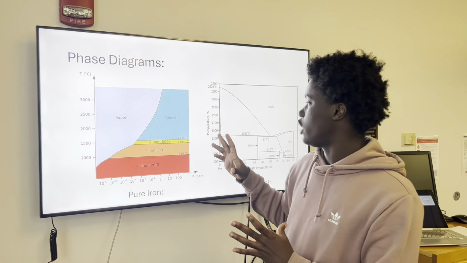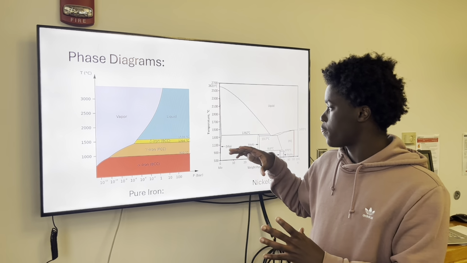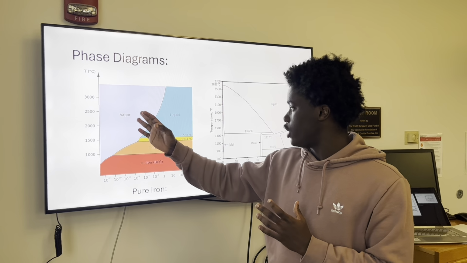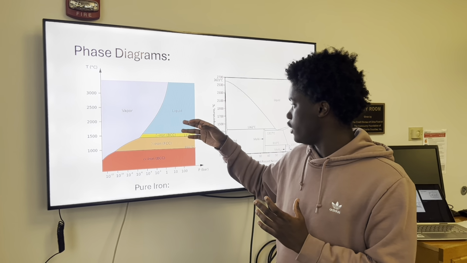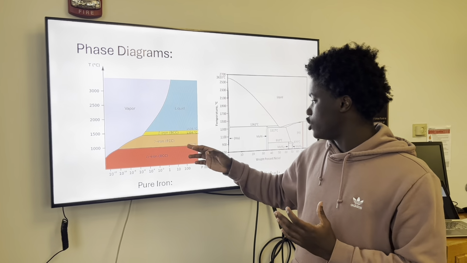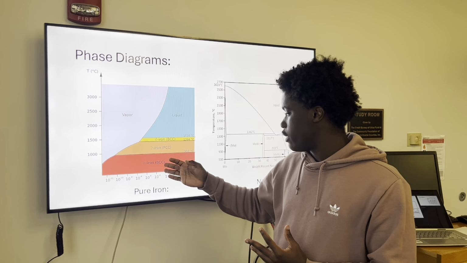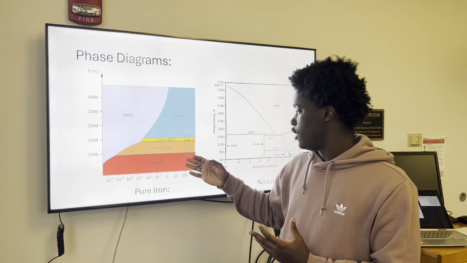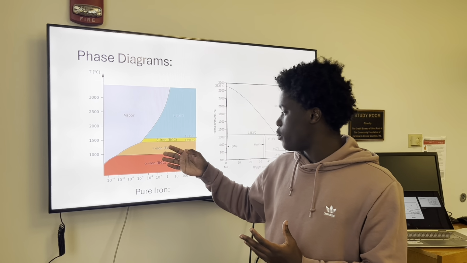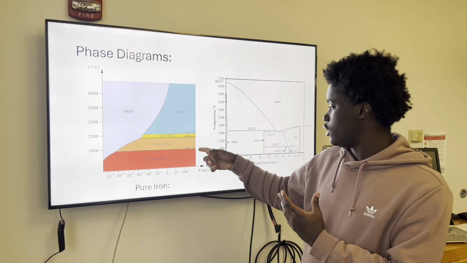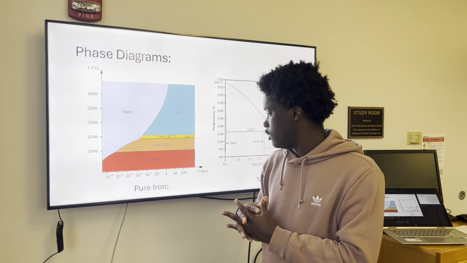So as you can see, there are different states. This is when pure iron is in vapor state and liquid. We also have different types of iron. We have the alpha iron, which is BCC. We have the gamma iron, which is FCC, and it's at a temperature of 910 degrees Celsius.